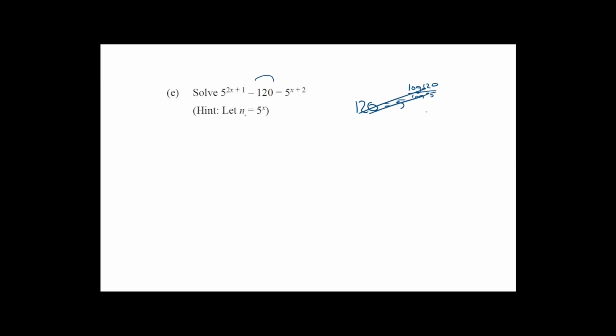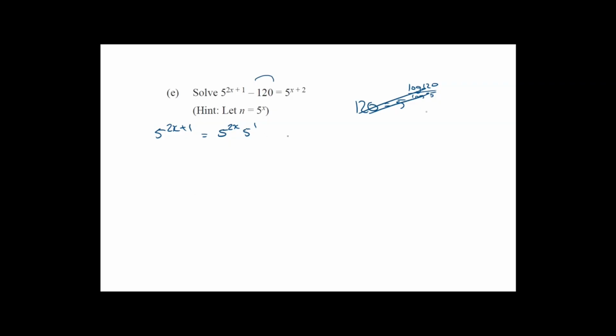We can't go to the end straight away. We need to break this up. Break both of them up, actually. And when we do that, we're going to do ourselves a big favor. So 5 to the power of 2x plus 1, just realize that is the same as 5 to the power of 2x times 5 to the power of 1.